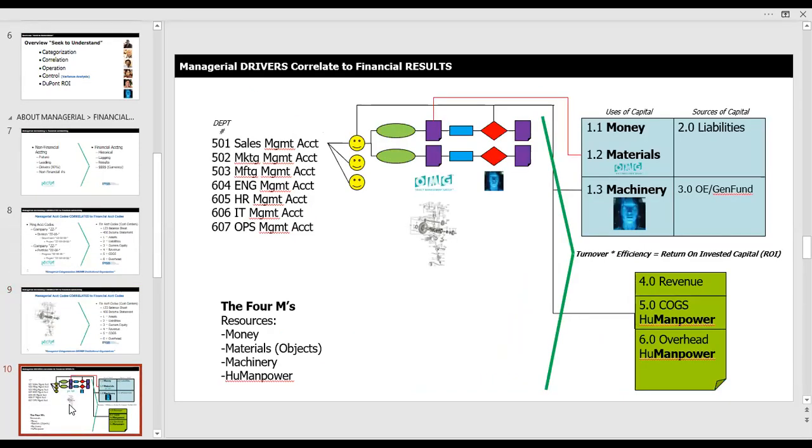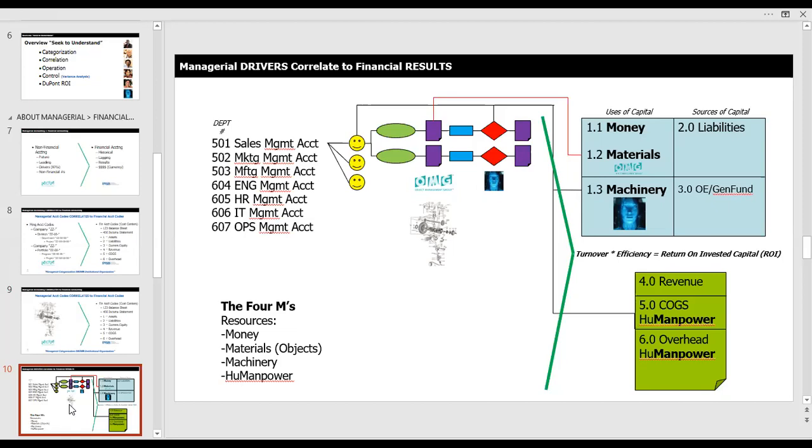Well, if I take this concept of these numbers, and I say, hey, listen, in order to operate an institution, you have what we call 4 resources, or the 4 M's is the way to remember them. Okay, money, materials, and machinery are assets found on your balance sheet. Remember 1, 2, 3 balance sheet?